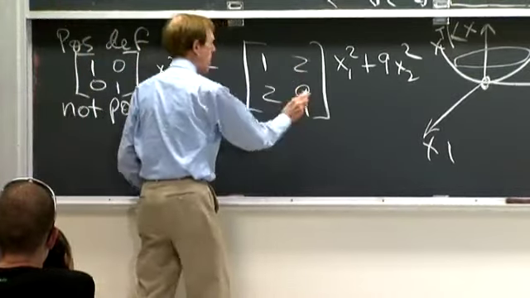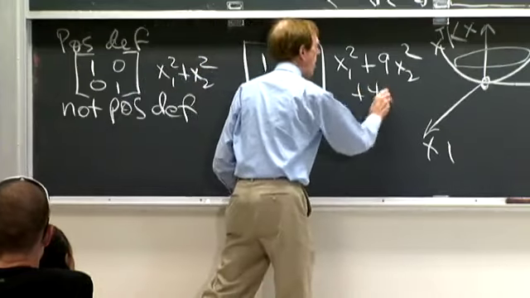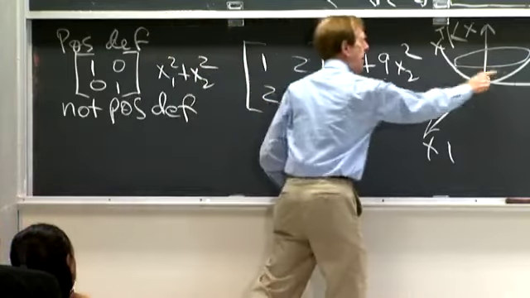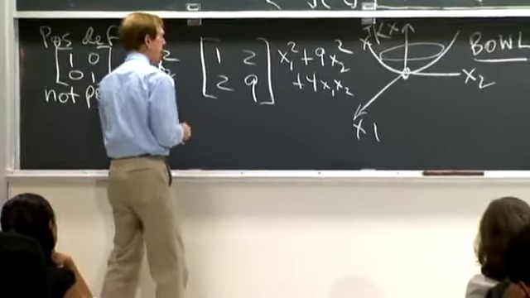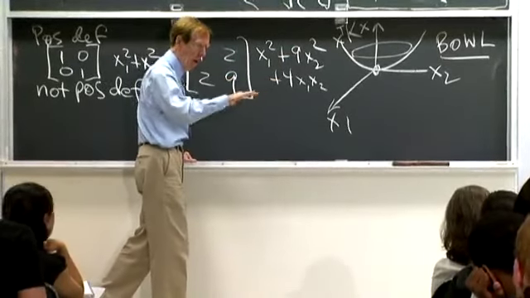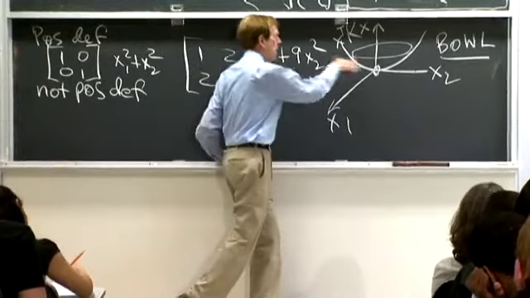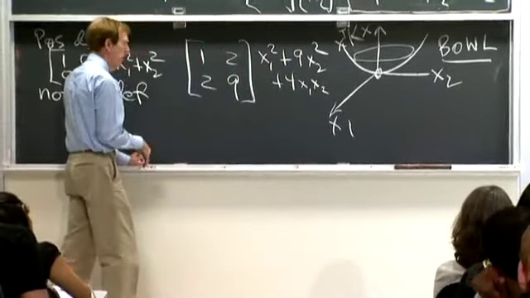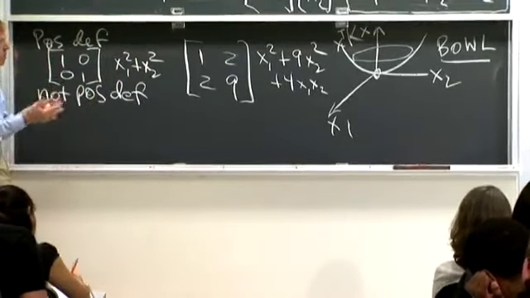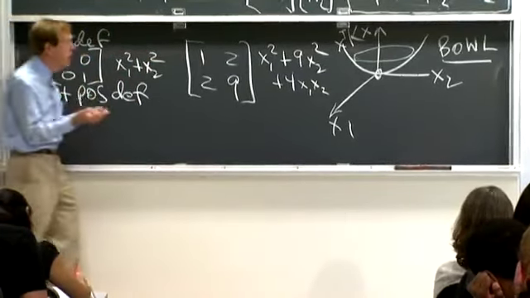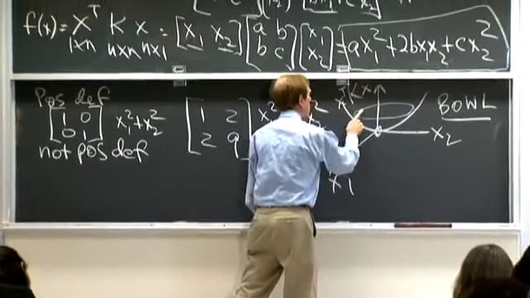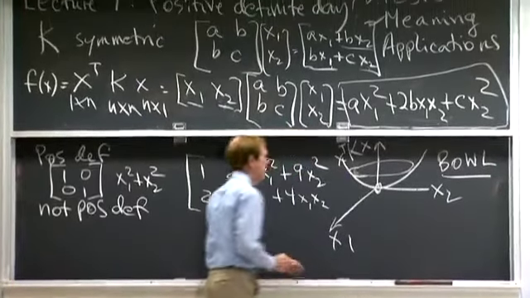If I had a 2 there and a 2 there, I would have a 4 x1 x2, and instead of being a circle, which it was for the identity, the level plane would cut out an ellipse instead. But it would be a good ellipse. That's because we're doing squares. The Greeks understood these second degree things, and they would have known this would be an ellipse.